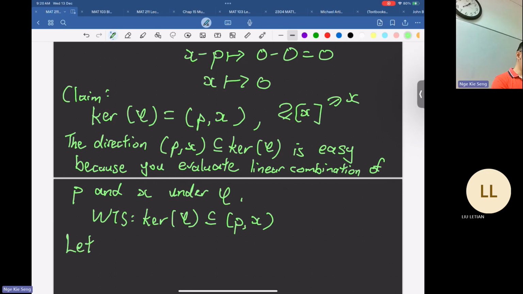Of course we need to take an element in the kernel of phi. It means what? It means that phi of f is equal to 0.